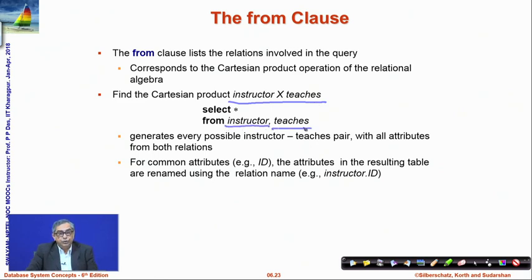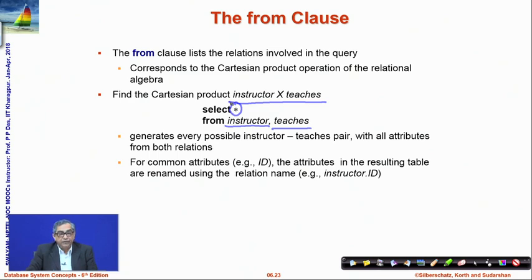So, this will choose records from the instructor relation as well as from the teaches relation, and in all possible combined ways it will put them in the output. We have used a star. So, all fields of instructor and all fields of teaches will be there in the output.